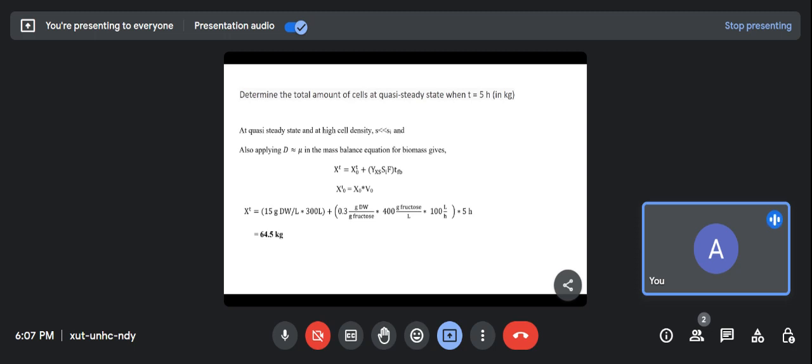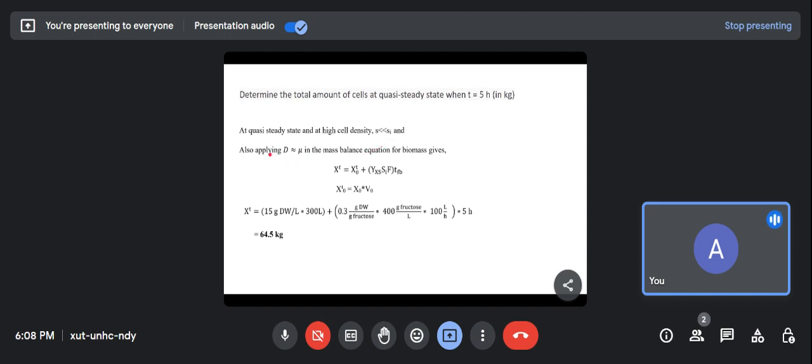Okay, let's move on to the next question. So you have to determine the total amount of cells at quasi steady state, which is again at t equals to 5 hours, and the answer has to be in kgs. Okay, so you know at quasi steady state and at high cell density that the substrate concentration is much less than the initial substrate concentration.